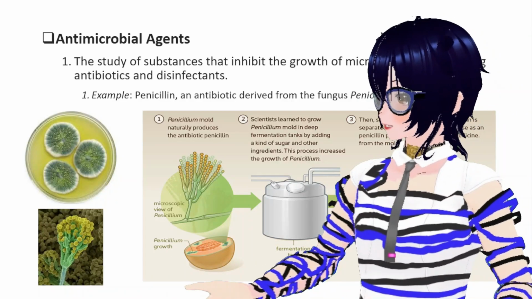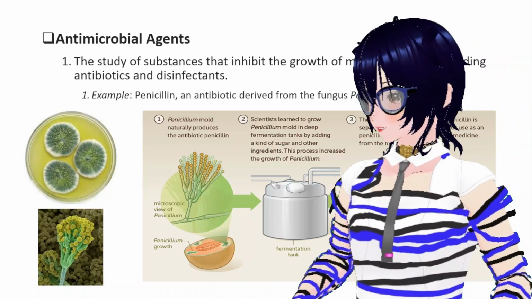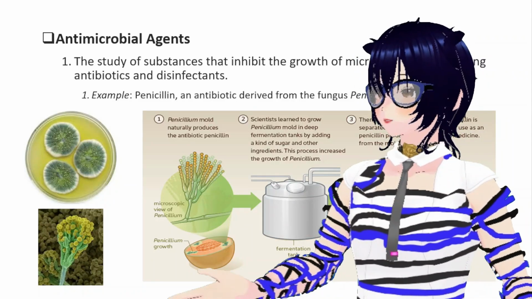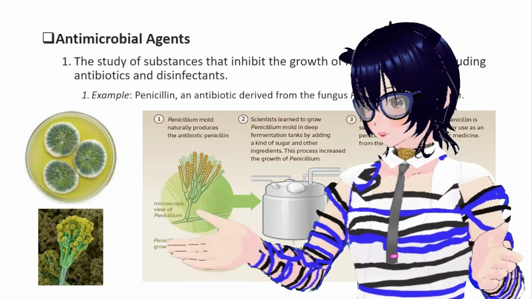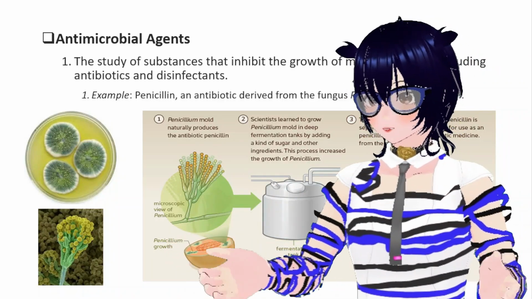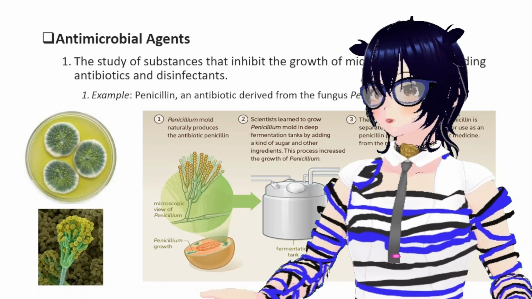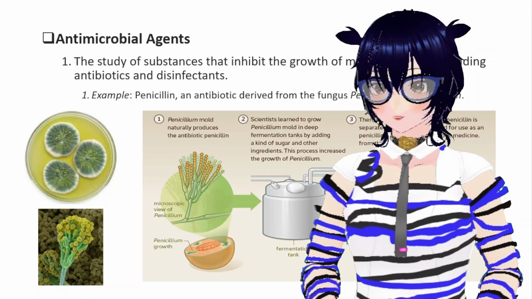It is actually the antibiotic that comes from Penicillium chrysogenum. And this was discovered by who? Alexander Fleming. Below is the process of industrial production of this antibiotic from Penicillium chrysogenum.